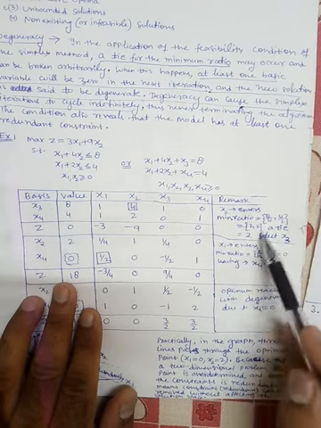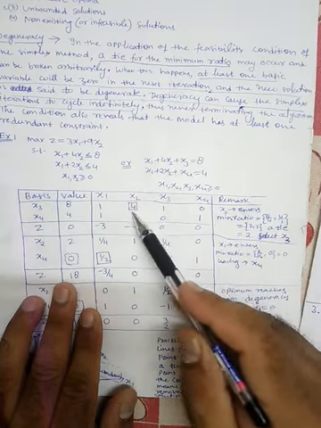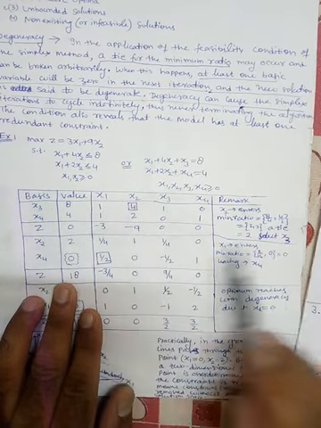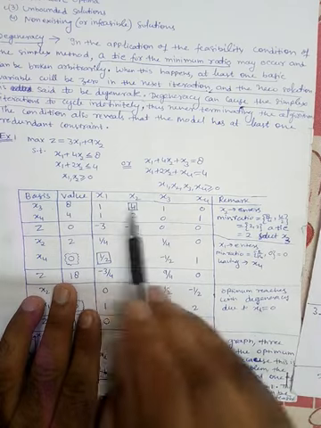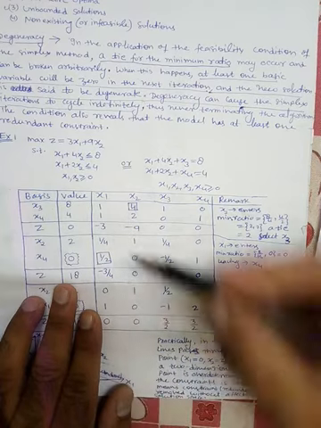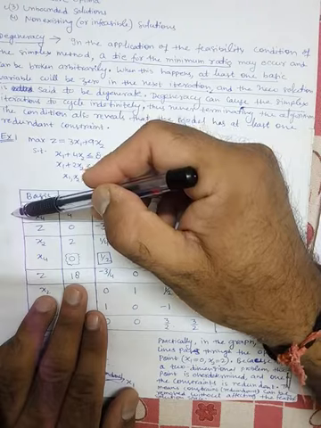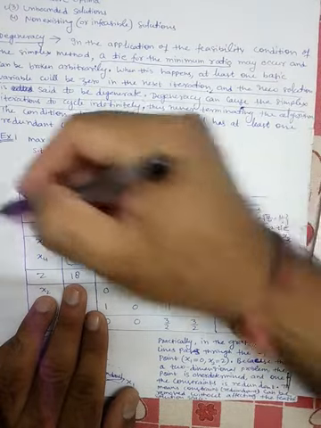Since -9 is the most negative, x2 enters the basis. Then 8/4 and 4/2 both give 2, so we can select either x3 or x4 as the leaving variable. Suppose we randomly select x3 to leave the basis.